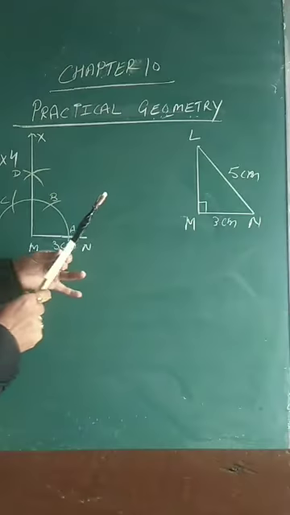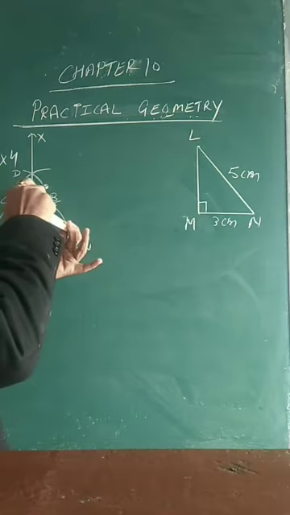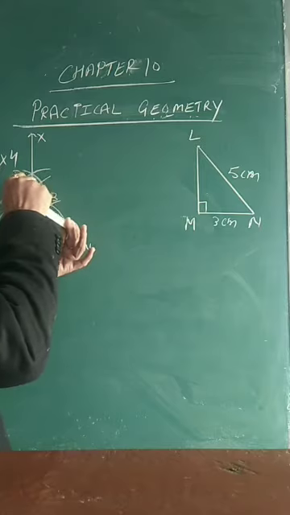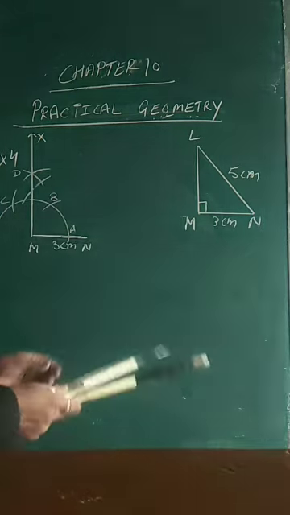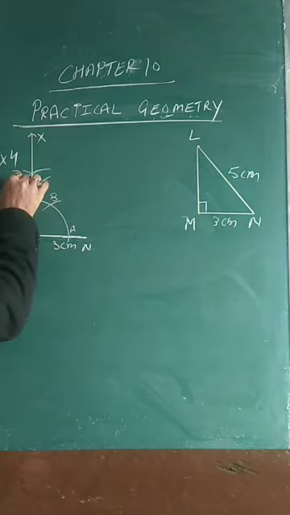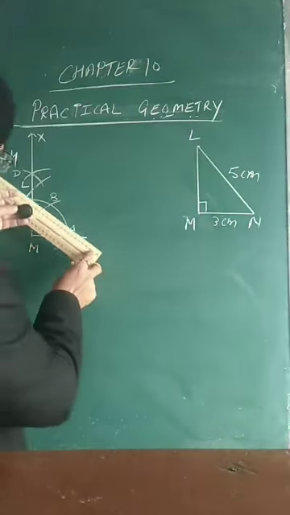So now after taking a radius of 5 centimeters, taking N as a center, we cut the perpendicular. So this distance is equal to 5 centimeter. Now this point of intersection is point L. What to do now? We'll join LN.